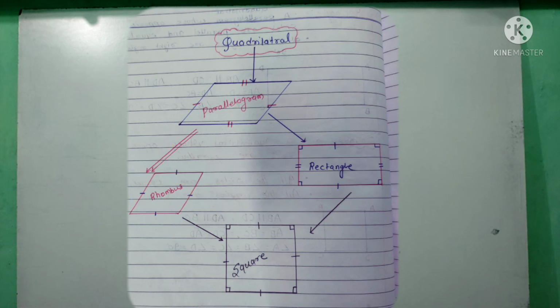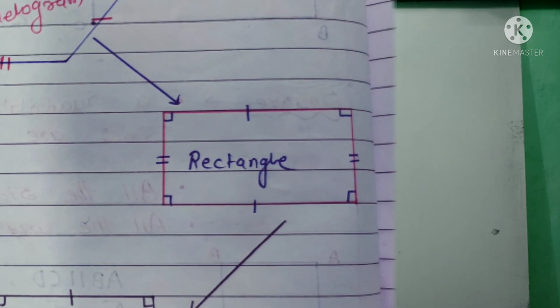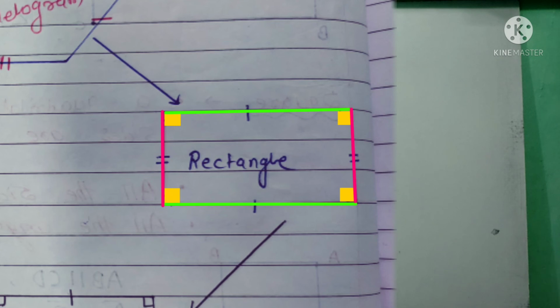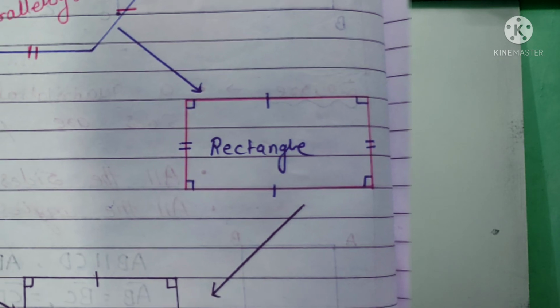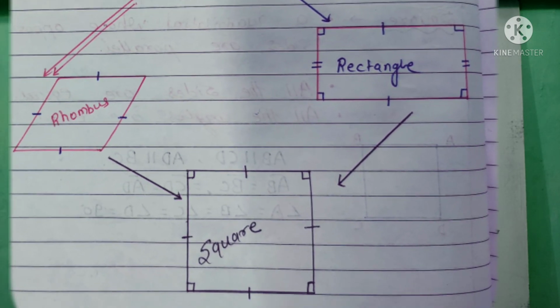Okay, now let's move towards the rectangle. Rectangle is what? Rectangle में क्या था? All the angles are same, opposite sides are same and parallel. Okay, opposite sides same होगी और parallel भी होगी. Now let's learn about the special, which is very special quadrilateral, which is a square.